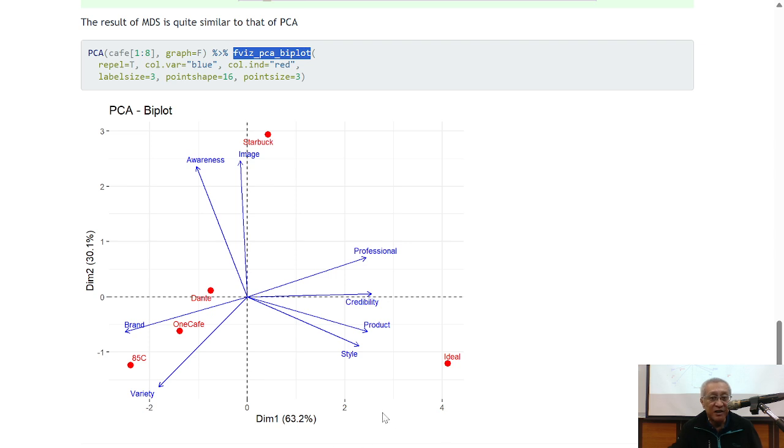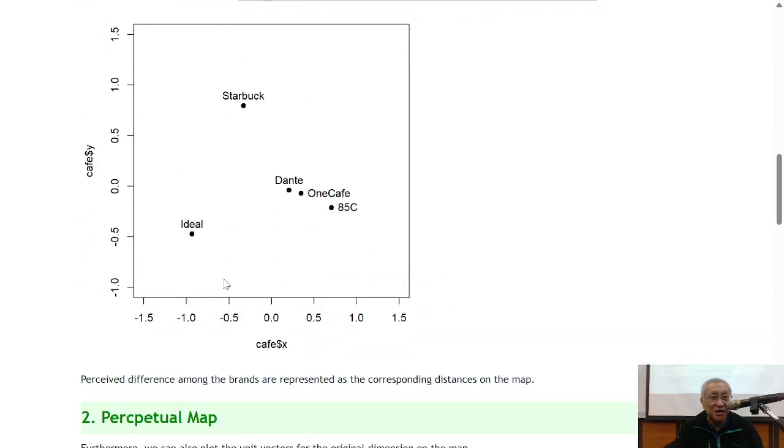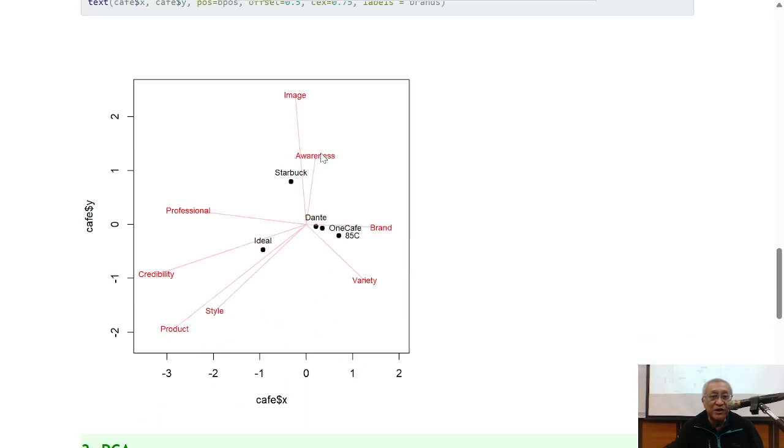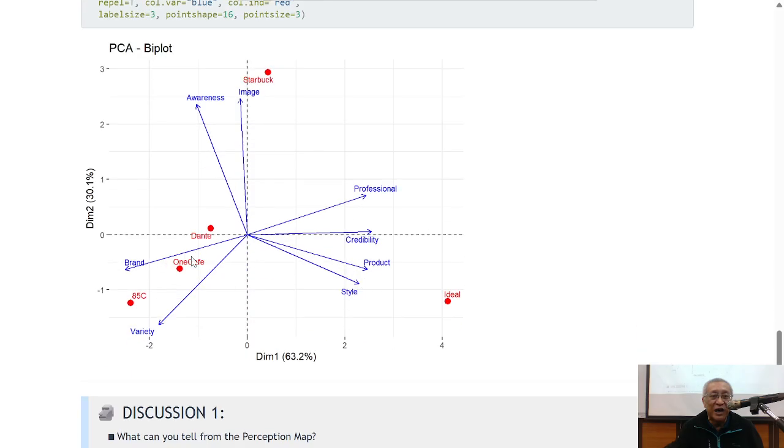As you can see, dimension 1 is 63%, and here is 30%. So all of the information within these 8 variables can be compressed into 2 dimensions, losing less than 10% of the information.